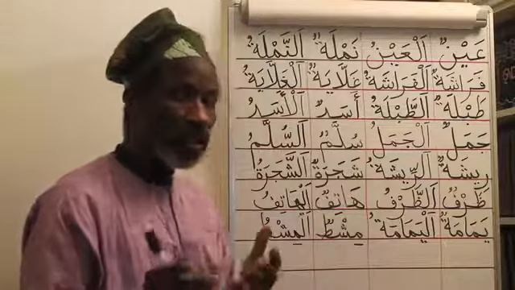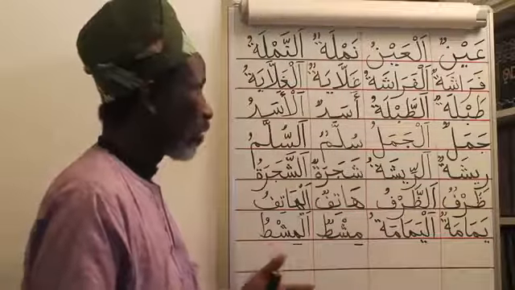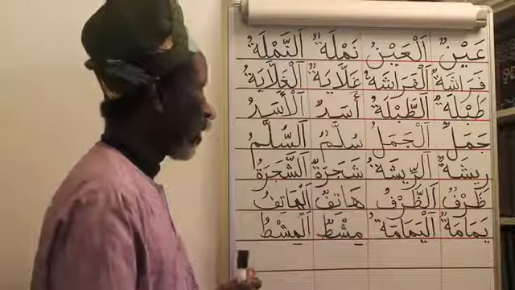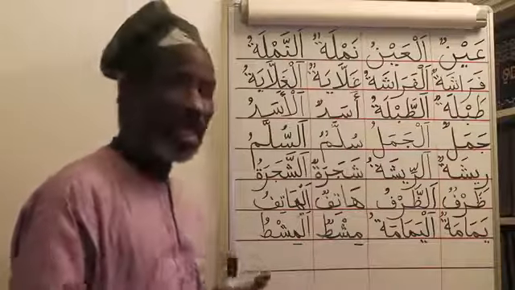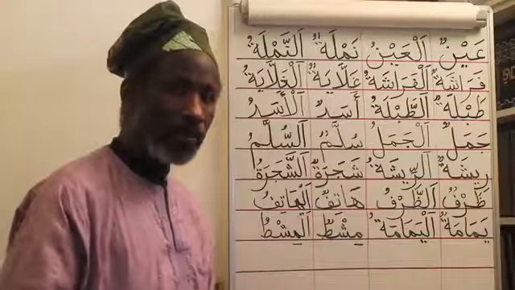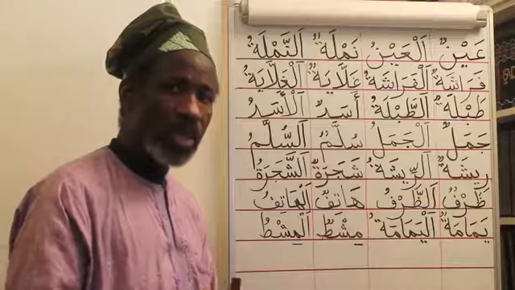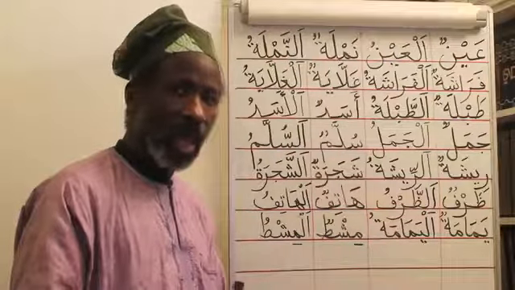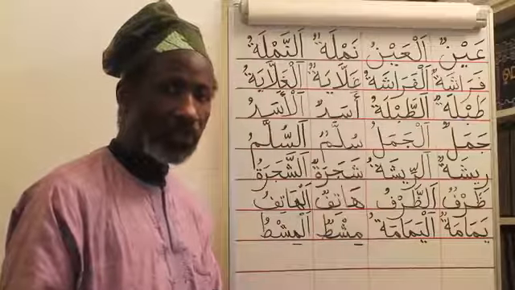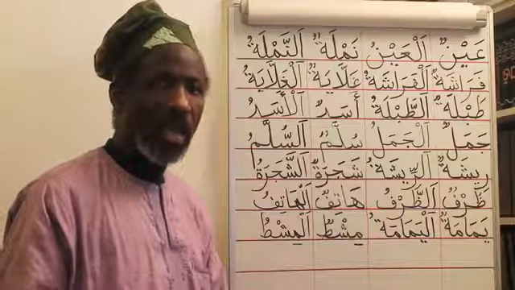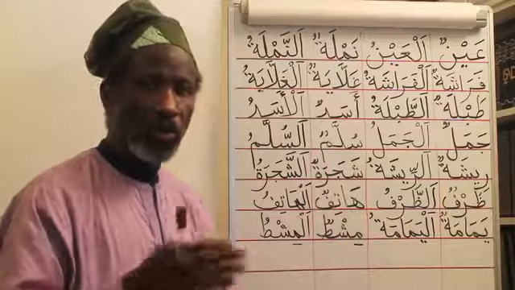Well done. So the principle of a moon letter with the "al" of "the" is that you retain the sukun on the lam. Whereas if any sun letter comes after the "al", you put a shadda on that sun letter and then remove the sukun from the lam.